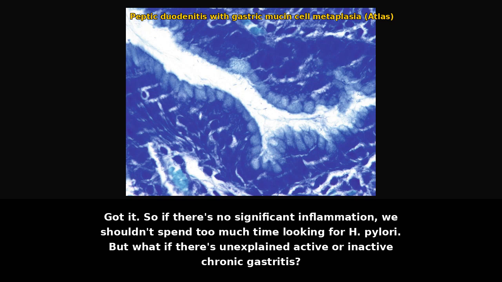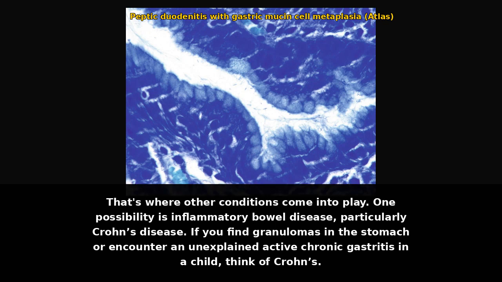But what if there's unexplained active or inactive chronic gastritis? And that's where other conditions come into play. One possibility is inflammatory bowel disease, particularly Crohn's disease. If you find granulomas in the stomach or encounter an unexplained active chronic gastritis in a child, think of Crohn's.